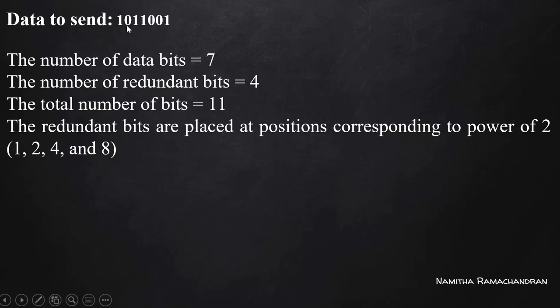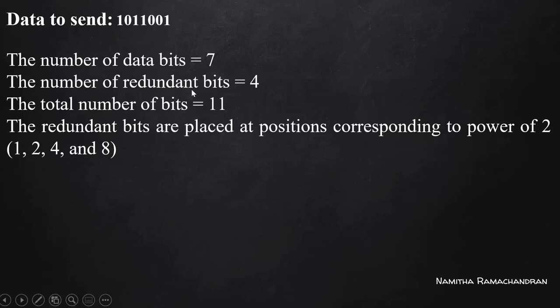This is the data, a 7-bit data that we want to send. The number of bits present in this data is 7. So for sending this 7-bit data, how many redundant bits or parity bits are required? We have already derived this. For sending 7 bits, we need 4 redundant bits. That is derived using the formula 2 to the power r greater than or equal to m plus r plus 1.